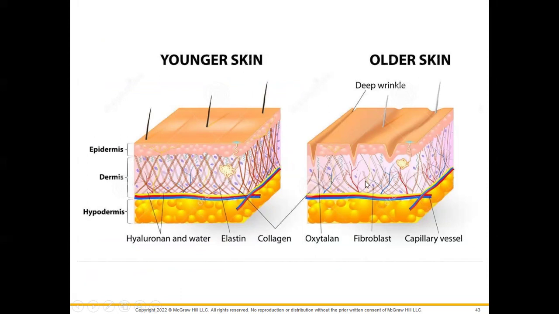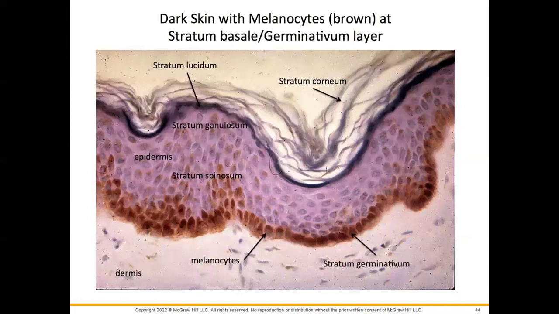And as you grow older, those things start becoming thinner and less abundant, and that also helps to create more wrinkles in the body. The hypodermis or the adipose tissue will also start to thin, and that will help create wrinkles and sagging skin.